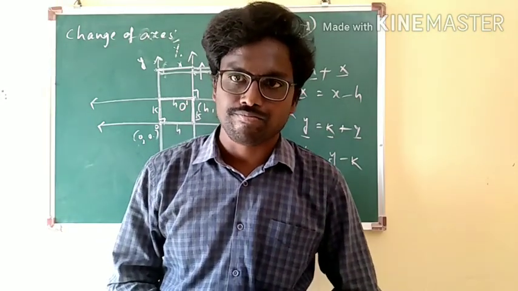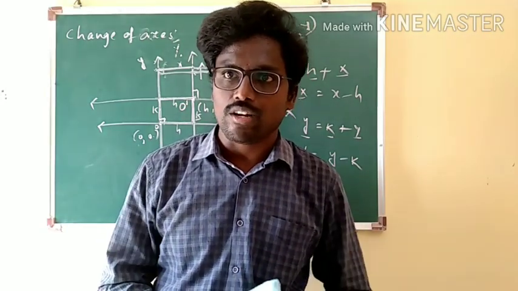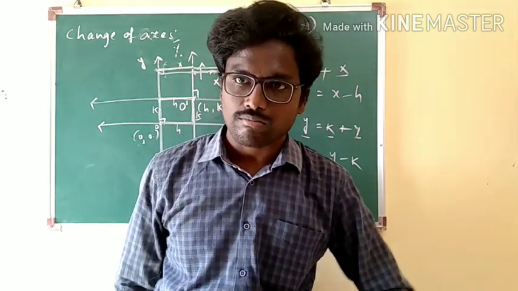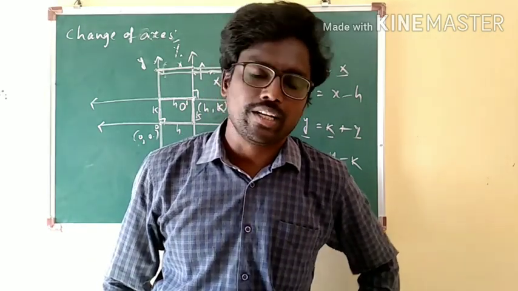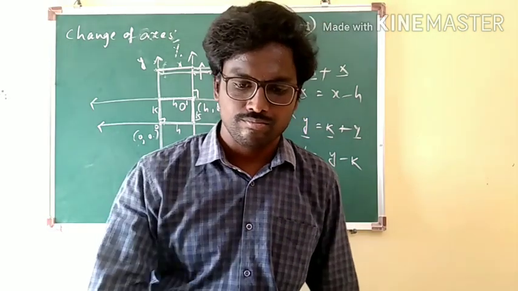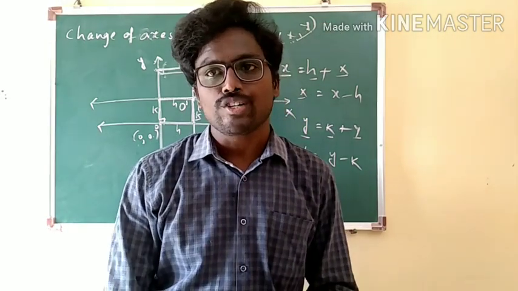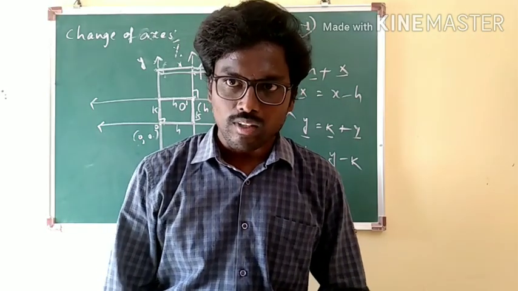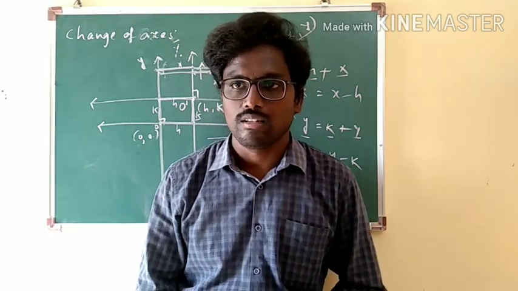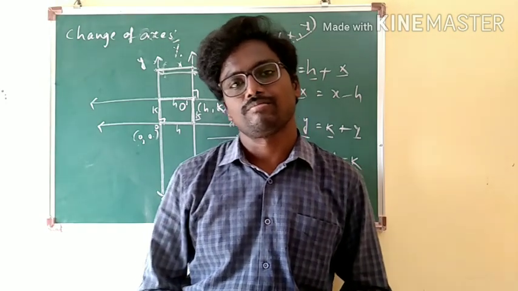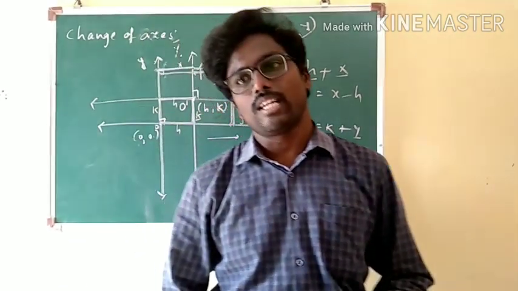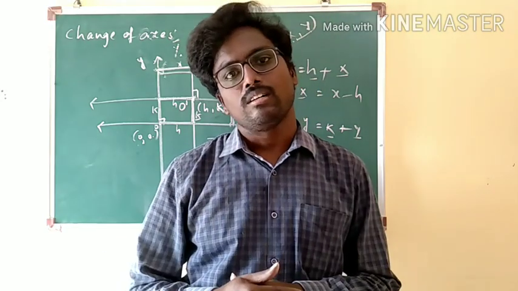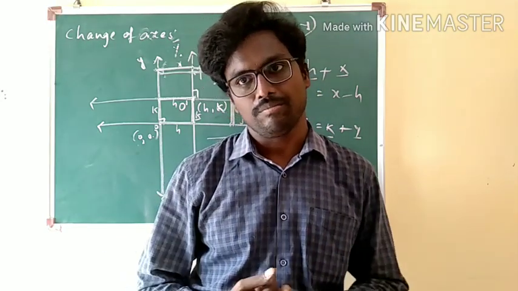First one is translation of axis. Second one is rotation of axis. The third one is general transformation, in which you will find these two: rotation as well as shifting the origin.